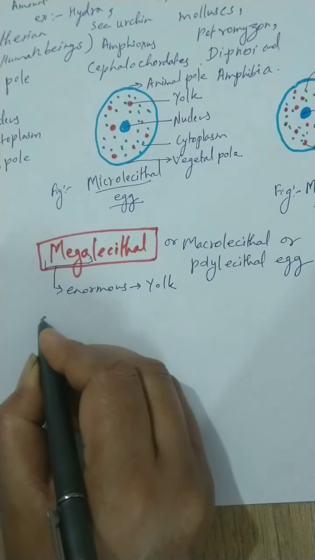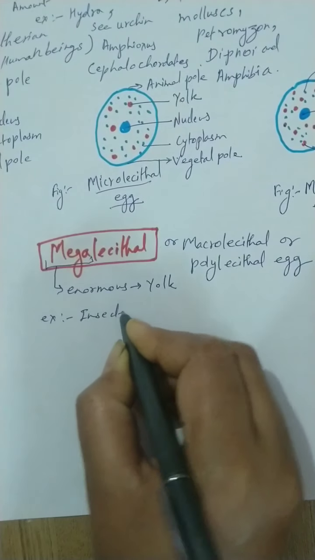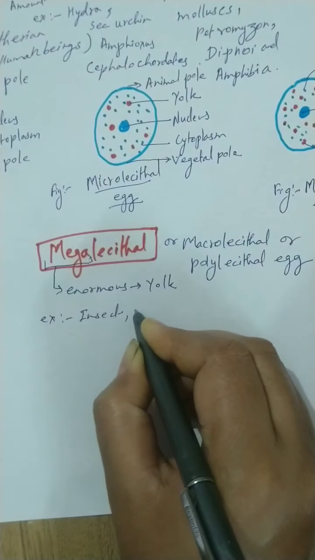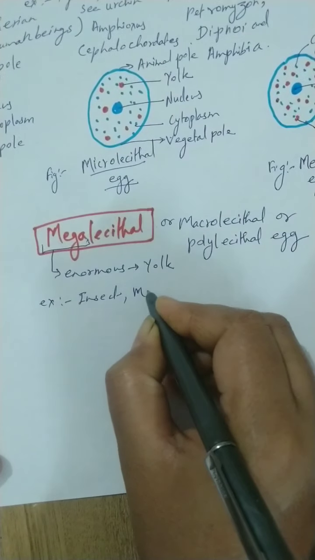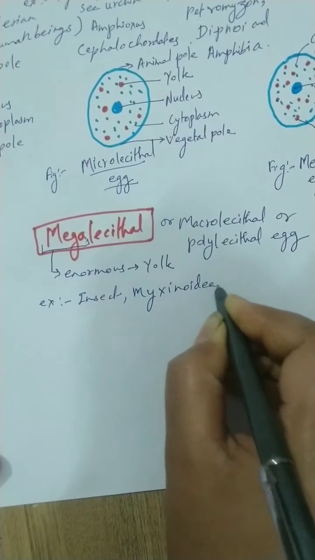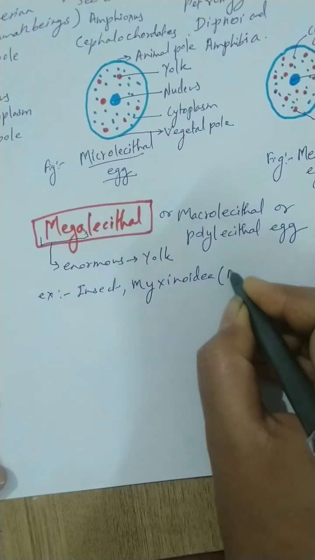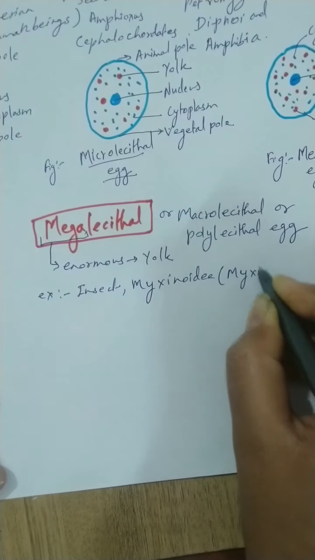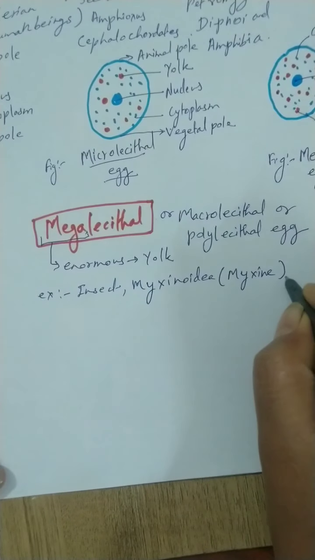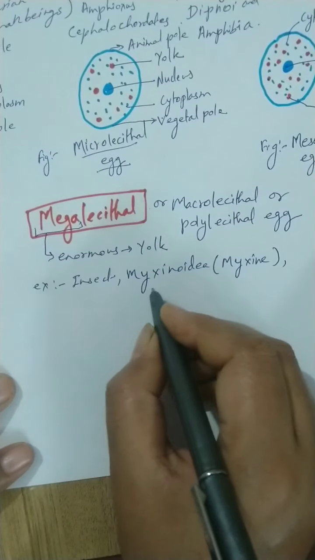These are found in insects, Maxinoidea, that is myxine, then fishes.